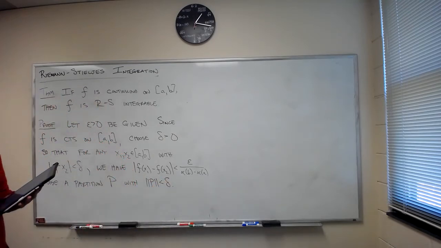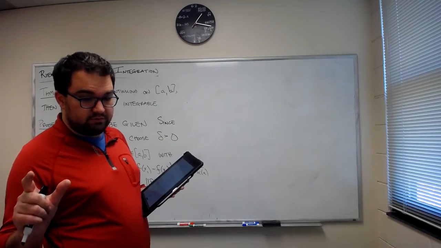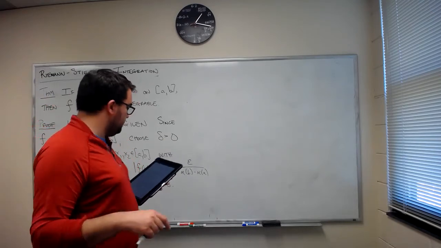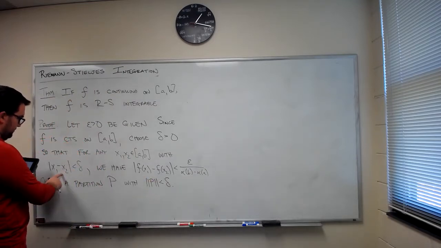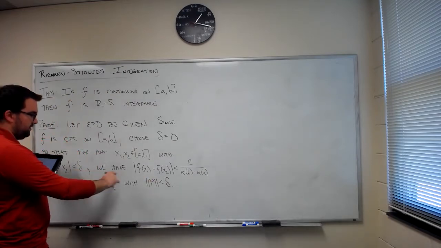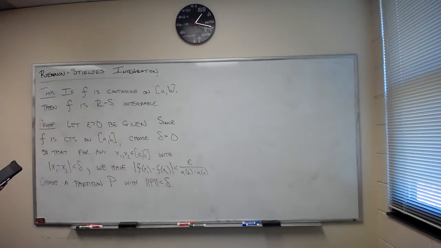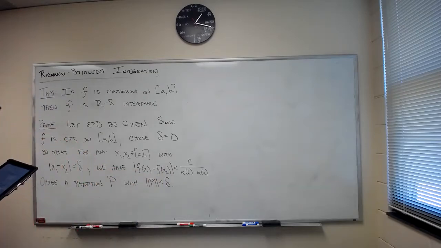Remember, the norm of the partition is just the largest difference between two x values. So I want the largest difference between two x values to be smaller than delta. That way I know my difference between x values will always satisfy this, so the difference between two of my output values will always be less than this. That's going to be important.